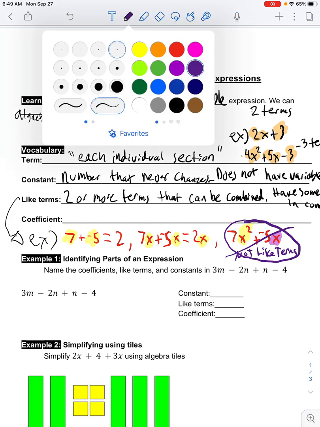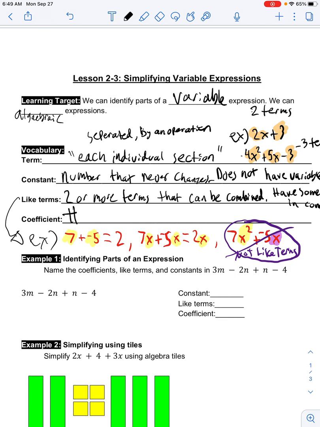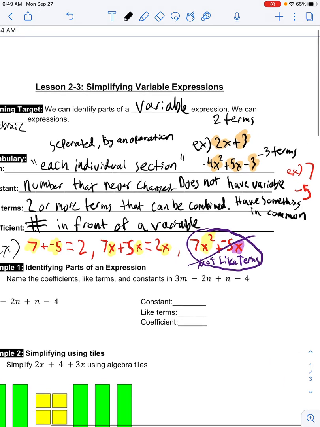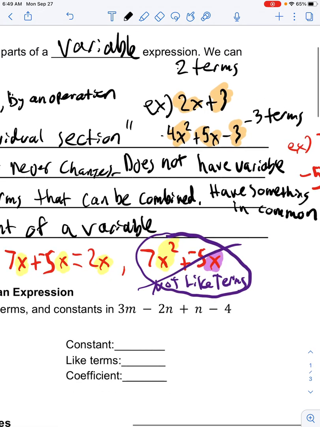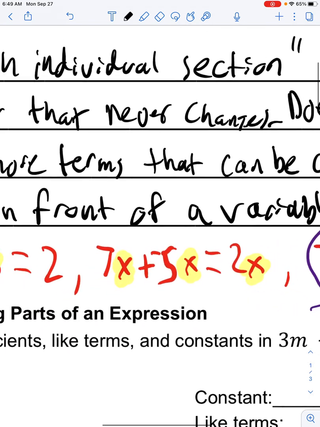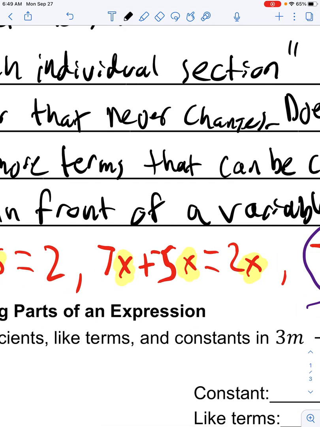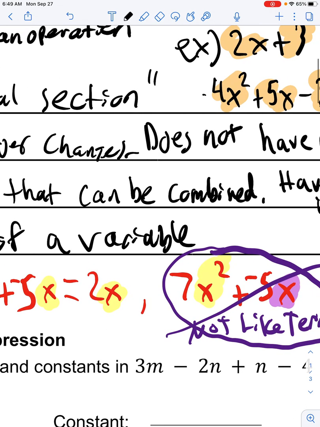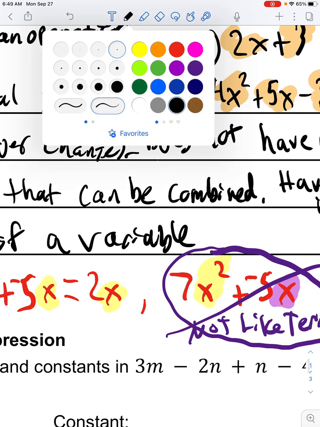And the coefficient is the number in front of a variable. So again, you'll hear me say that when we have like terms, like right here, the coefficients were 7 and -5.